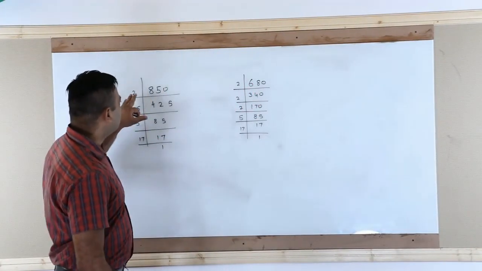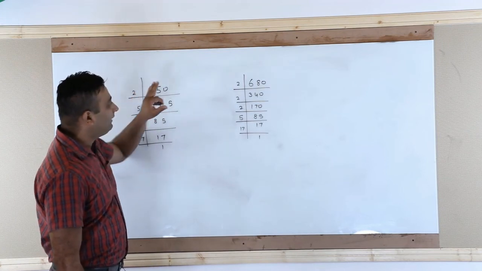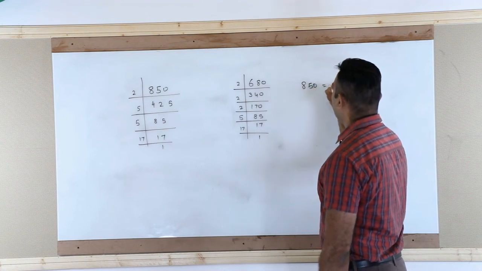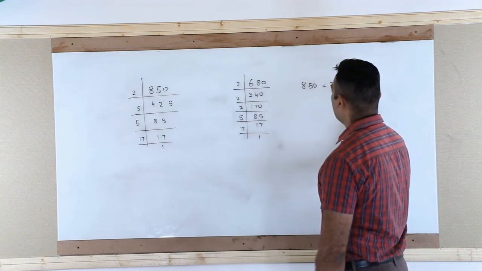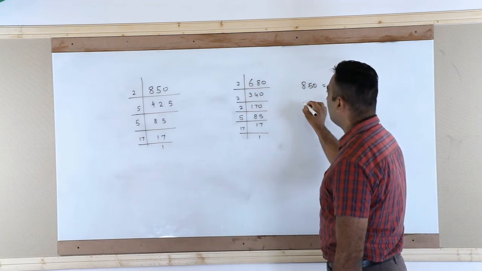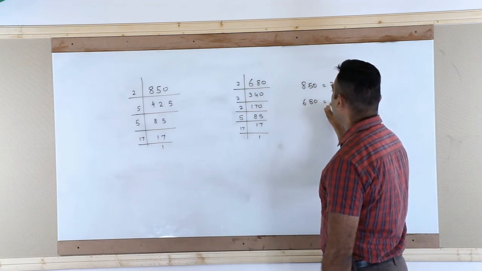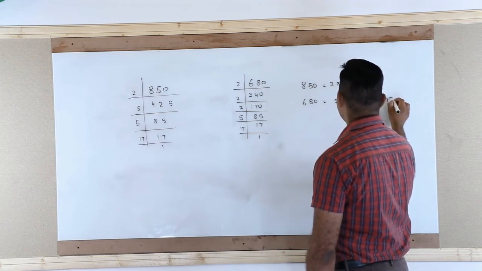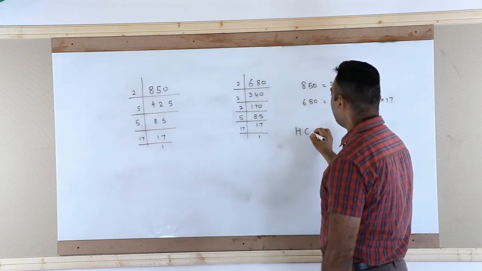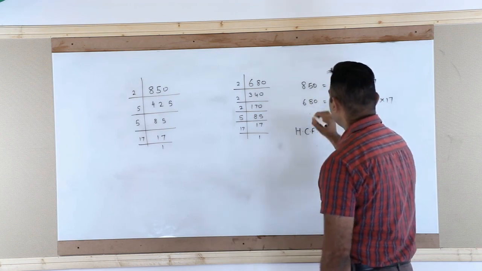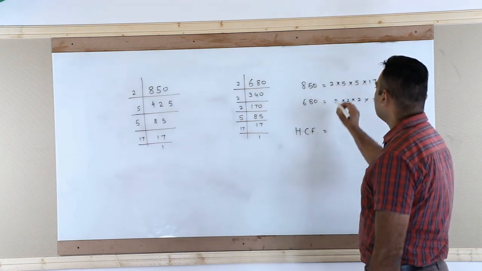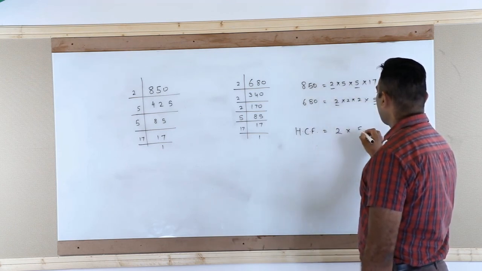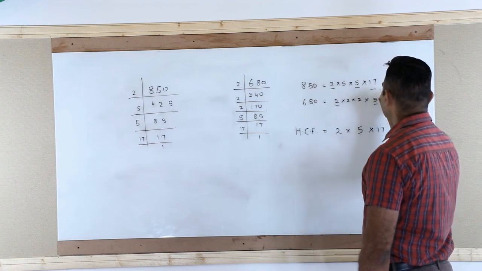Now, let us find the HCF of 850 and 680. The prime factorization of 850 is 2 multiplied by 5 multiplied by 5 and multiplied by 17. And the prime factorization of 680 is 2 multiplied by 2 multiplied by 2 multiplied by 5 and multiplied by 17. Hence, we can see that the HCF of 850 and 680 is 2 multiplied by 5 and multiplied by 17.